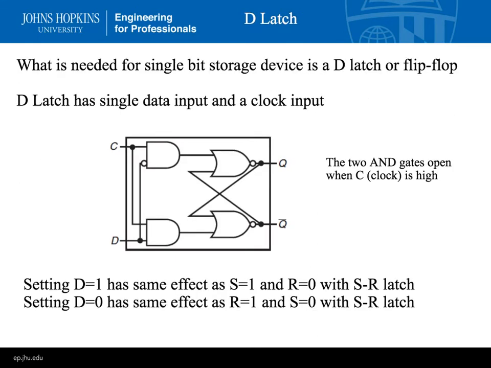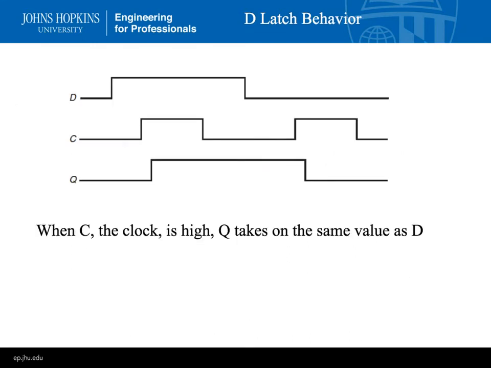So a D gate has only one input. The SR had 2, D has 1, and the clock. D equals 1 is the same as S equals 1, and D equals 0 is the same as R equals 1. And here's the idea of a D latch.